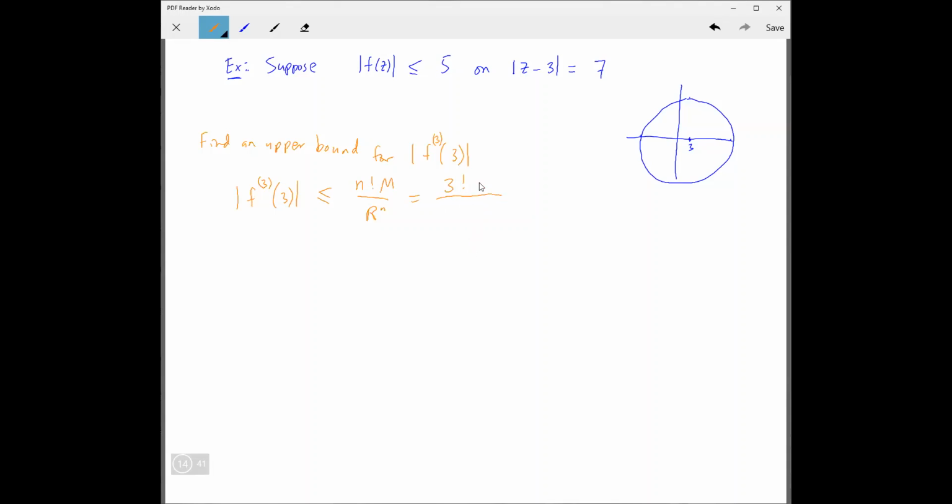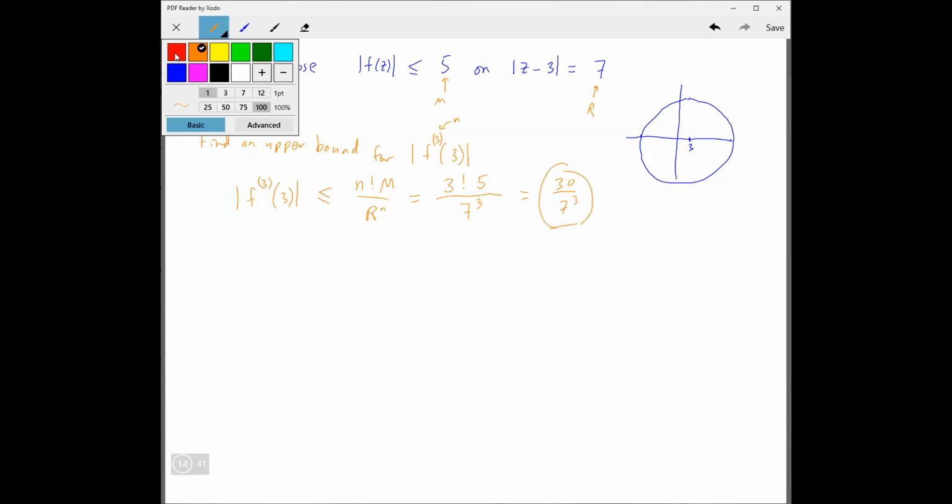R is 7, 7 to the 3. And M is 5. So this will be your M right here, and that's your r, and your n is 3. So the upper bound for the third derivative would be 6 times 5, that's 30 over 7 cubed, whatever that is. So that would be an answer right there.